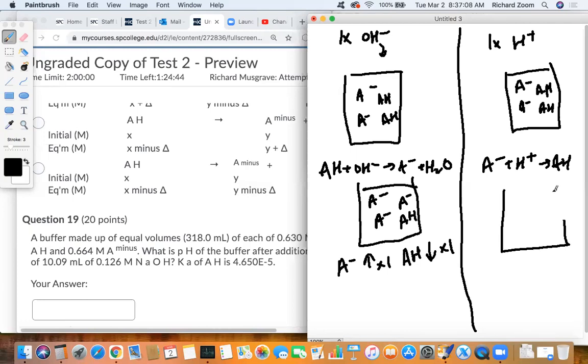The reverse happens. We'll end up with 3 AHs, 1 A minus. So the AH has gone up by 1, and the A minus has gone down by 1.